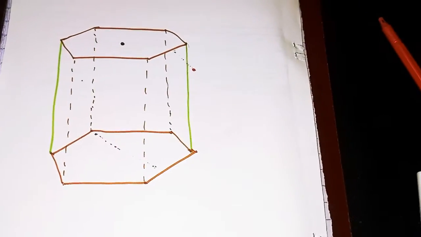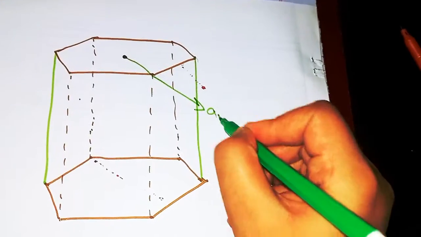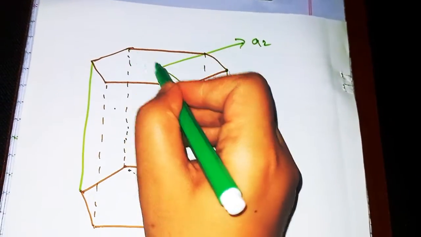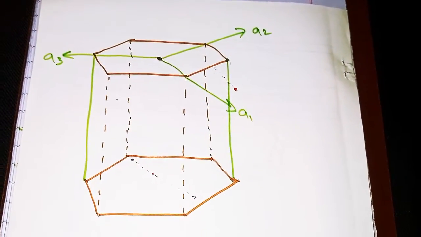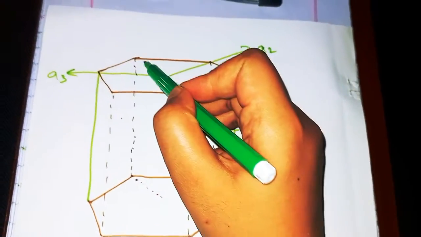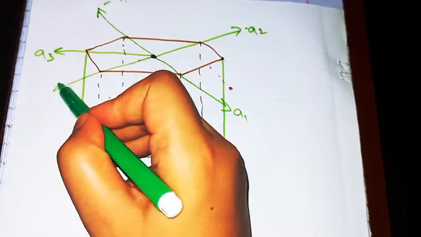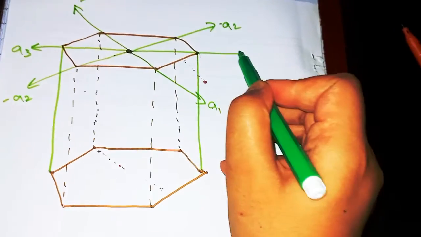Now define the coordinate axis lines. This is the positive a1 axis, leaving this corner. This is positive a2 axis, leaving this corner. This is the positive a3 axis. And since this is positive a1 axis, this is negative a1 axis; positive a2 axis, this is negative a2 axis; positive a3 axis, this is negative a3 axis.